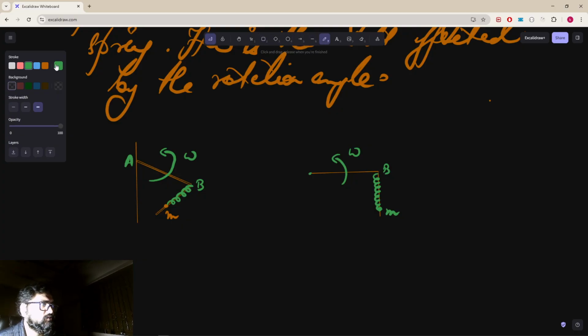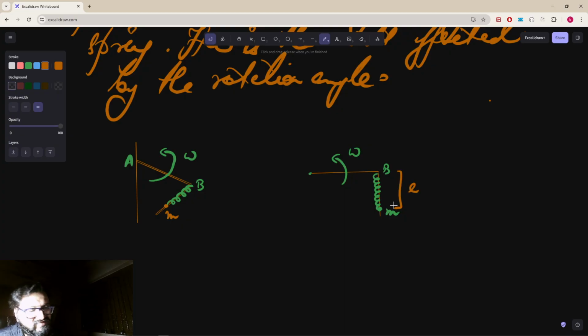Given this information, I have to find out the extension of the spring. Let's say that initially when the rod was at rest, m was at a distance L, and the spring was also at rest.